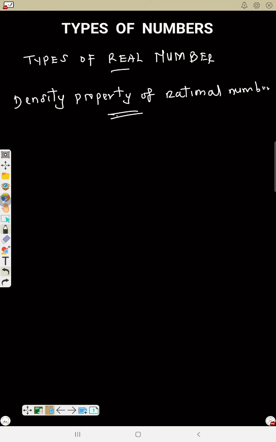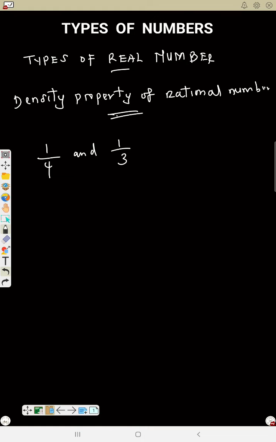So just study that. Now give 4 rational numbers, for example, 4 rational numbers between 1 over 4 and 1 over 3. Let's generalize a formula here.